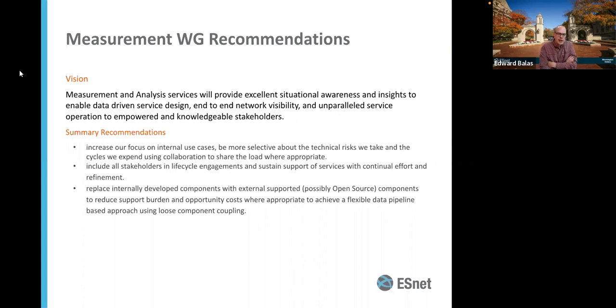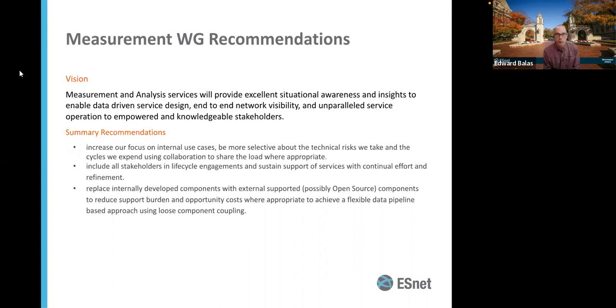In particular, the recommendations really centered on ensuring that we knew who our internal stakeholders were, continuing to support them on an ongoing basis throughout the full life cycle, and continuing to invest on an ongoing basis, basically maintaining continuity.